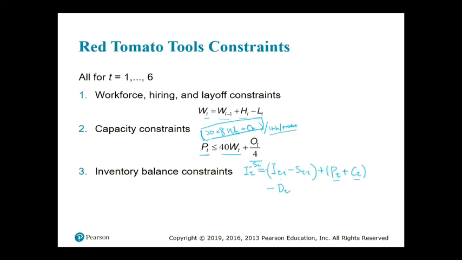So if the right-hand side is a negative number, then I_T is 0, and we have a positive stock out value. So this is net inventory, this is total production, and this is, of course, demand. So basically, the new inventory level is equal to previous inventory level plus production minus demand.